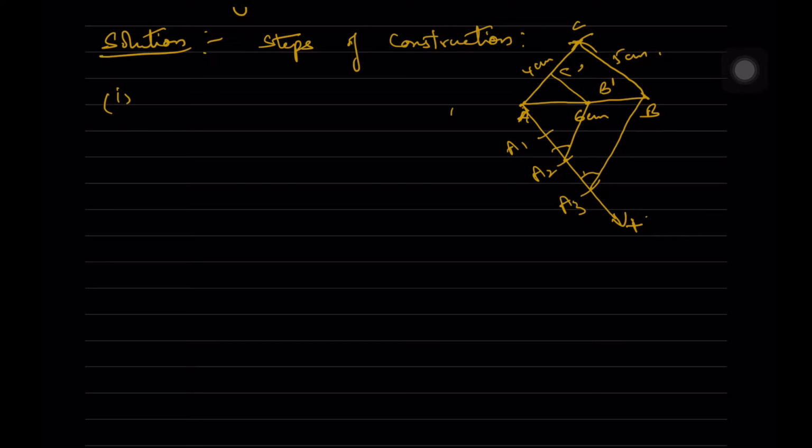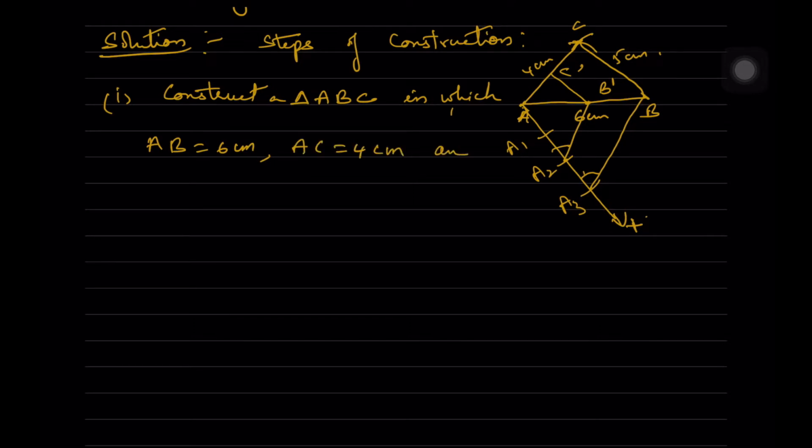So the first step is to construct a triangle ABC in which AB is equal to 6 centimeters, AC is equal to 4 centimeters and BC is equal to 5 centimeters.